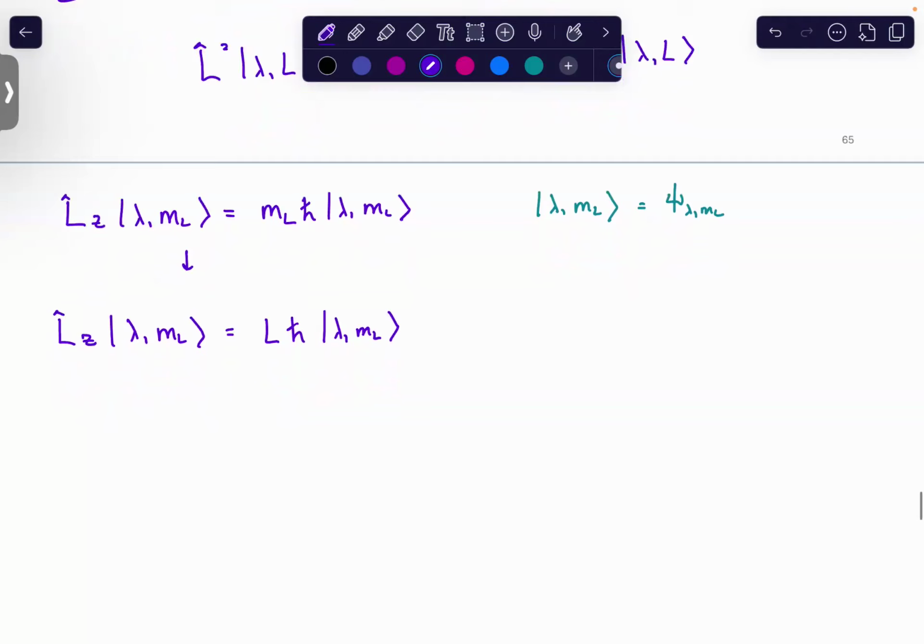Then what about Lz squared? That's going to be Lz, Lz.